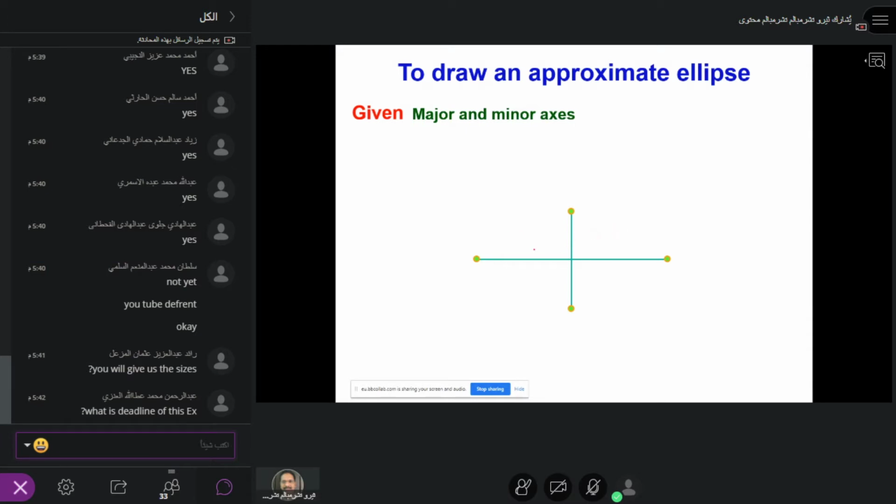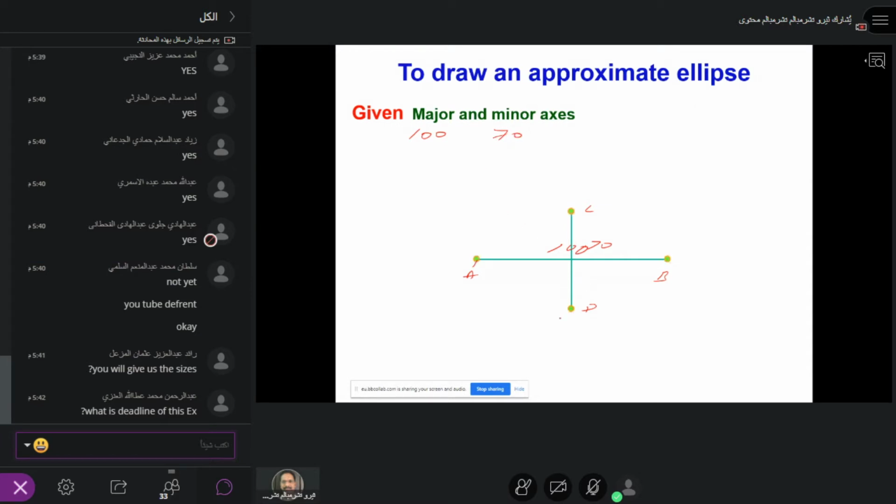Let's say this is 100 mm. The major axis is 100 mm, so mark it A, B, and this is C, D. CD is, let's say, 70 mm. So the major axis is 100, minor axis is 70.